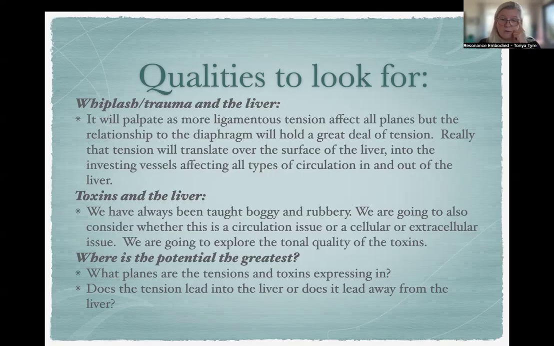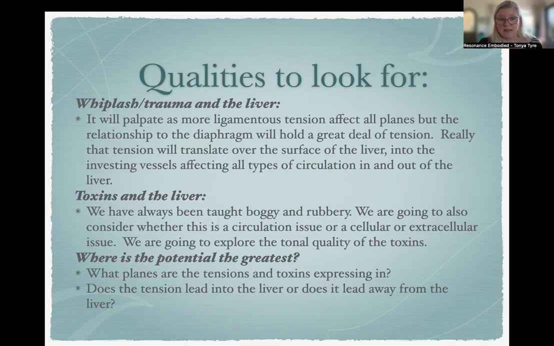So we'll see a range of things with trauma, but it's bad when you lose the extensibility. That's really not great when that happens. And this can affect, of course, all the vessels that come in because they're surrounded and invested by these same tissues, and affect the circulation in and out of the liver in all the ways.